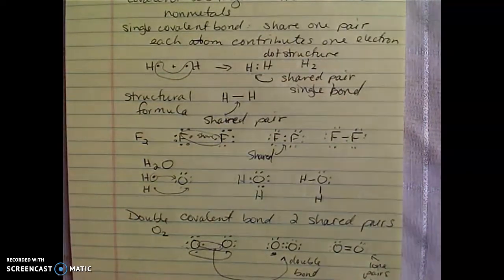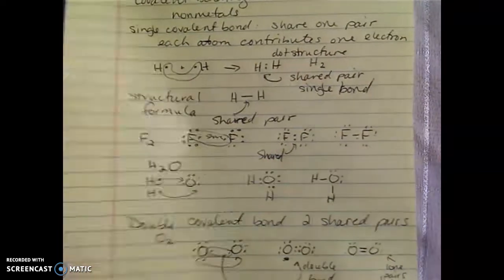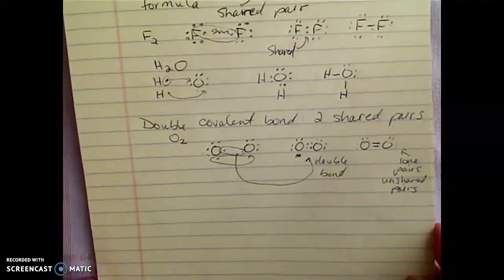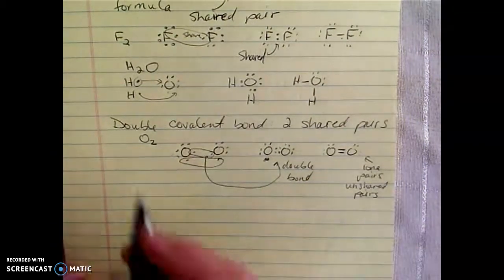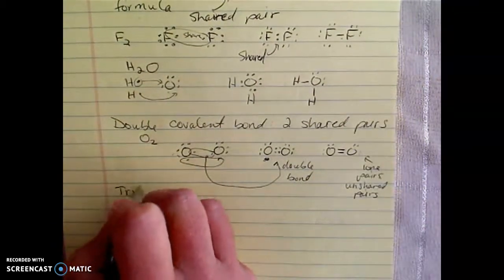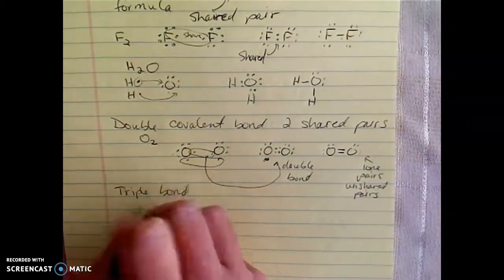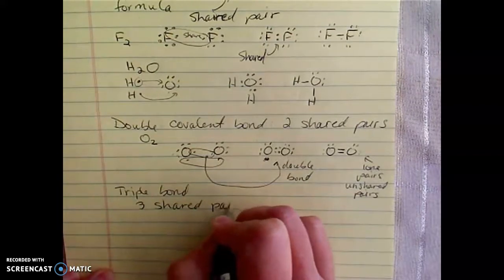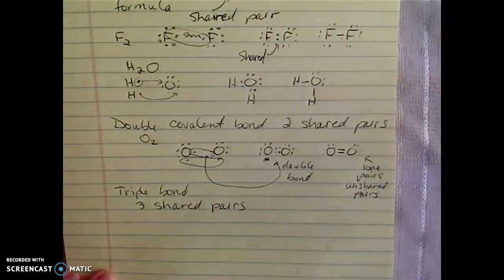Okay. And then another example could be a triple bond. By now you could probably guess what a triple bond would be. The triple bond would have three shared pairs. A good example of that is nitrogen. Nitrogen has 5 valence electrons. It needs 3 more.